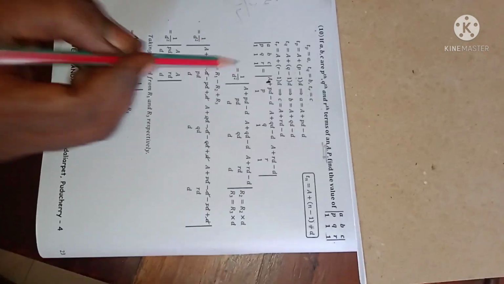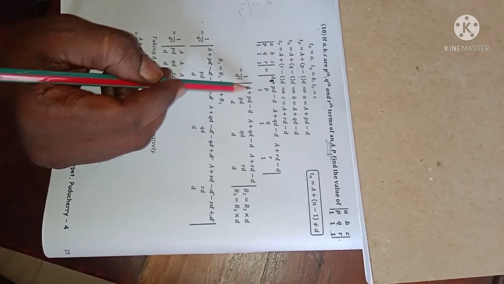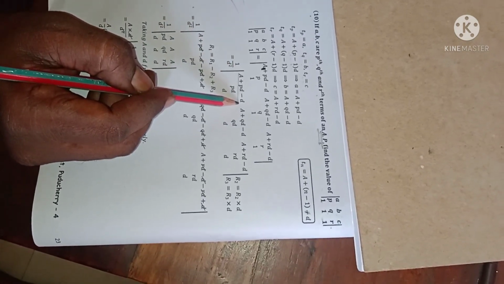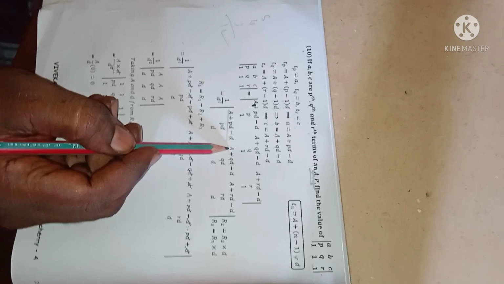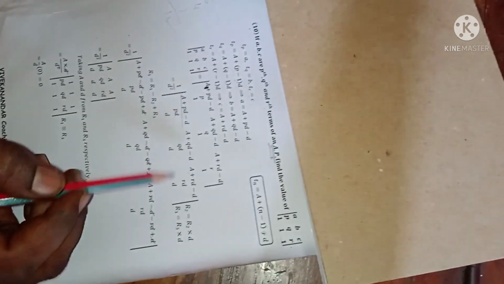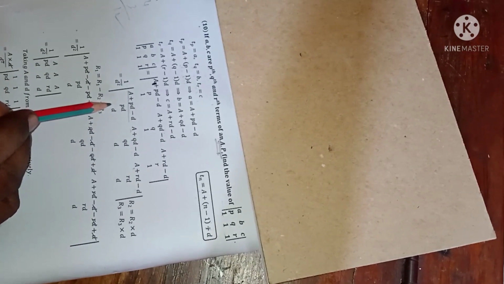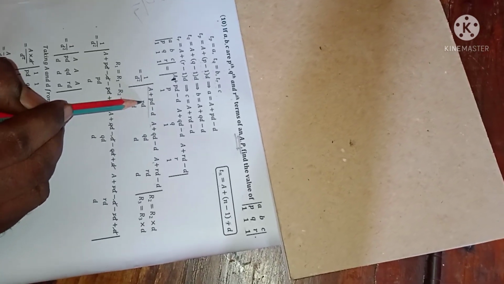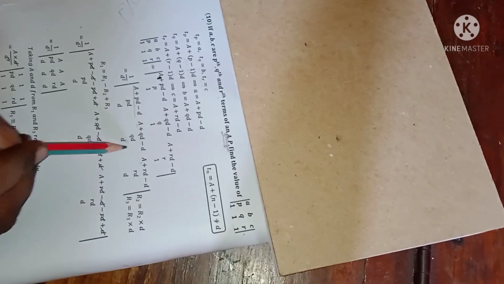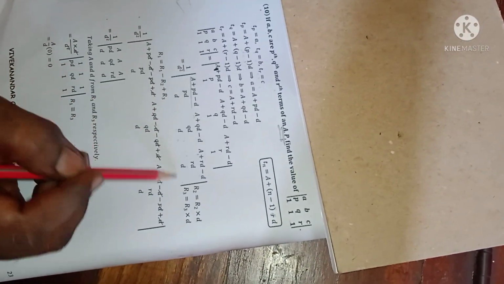Now you can substitute the values of a, b, c. a means A plus pd minus d, b means A plus qd minus d, c is A plus rd minus d. In this case, p, q, r are there, so you can multiply the second row by d, then the third row also by d.